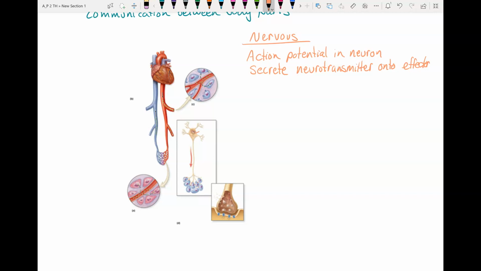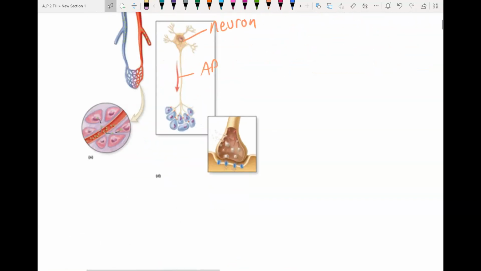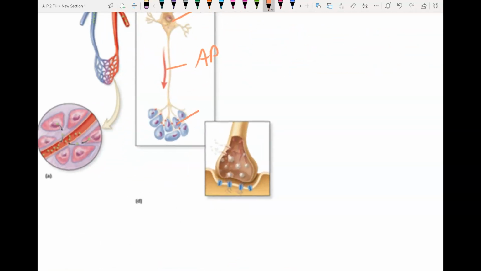So here is your neuron. This arrow represents the action potential moving through the neuron. Here are the cells that are your effectors. They're the cells you're telling to do something. And here you can see you are secreting neurotransmitter.